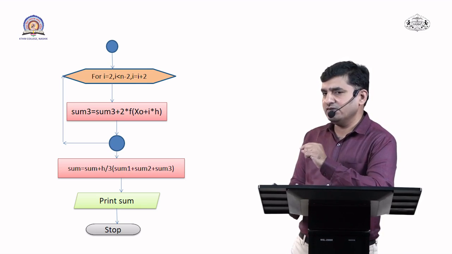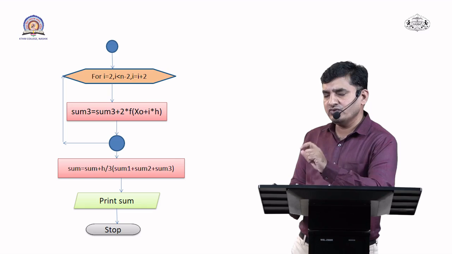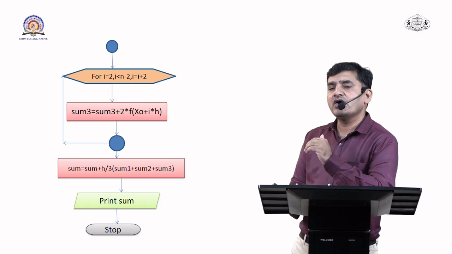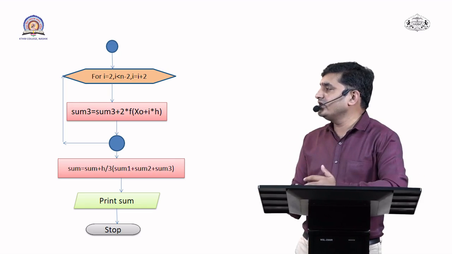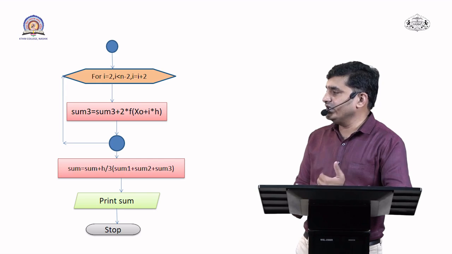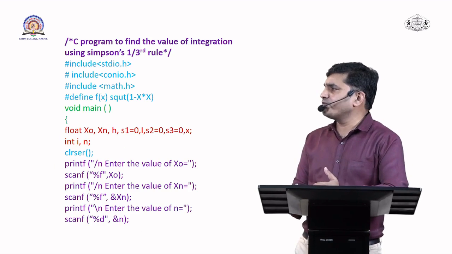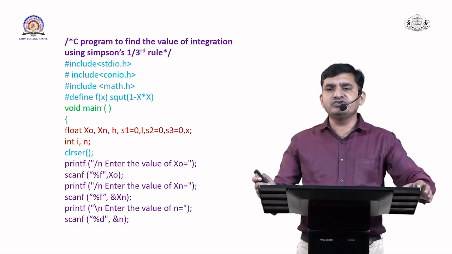Sum 1 means f of x0 plus f of xn. Sum 2 means all odd terms. Sum 3 means all even terms. Then print the sum, that is the integration of the given function. Then stop.